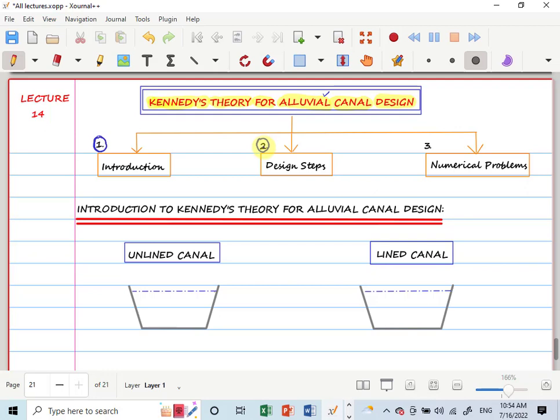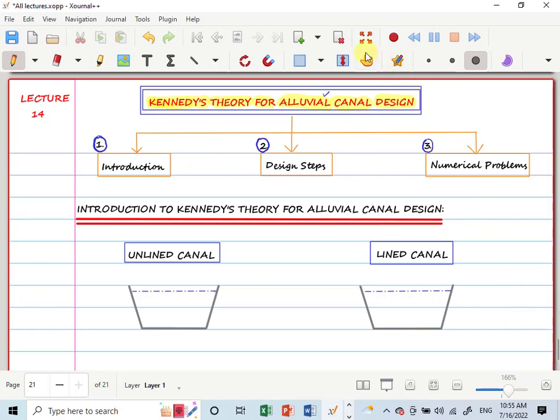In lecture number 15, we will discuss and try to understand the design steps for Kennedy's theory, and in the third lecture, lecture number 16, we are going to solve some numerical problems based on Kennedy's theory. So these 3 sections will make us compatible to understand Kennedy's theory, and we will come to know how we can design an alluvial canal based on Kennedy's theory.